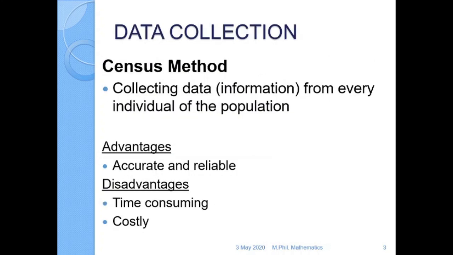There are mainly two methods of data collection. One is census method and another is sampling method. Census method means we collect the data or information from each and every unit of the population. Of course, it is very accurate and reliable, but it's practically not possible in all cases.